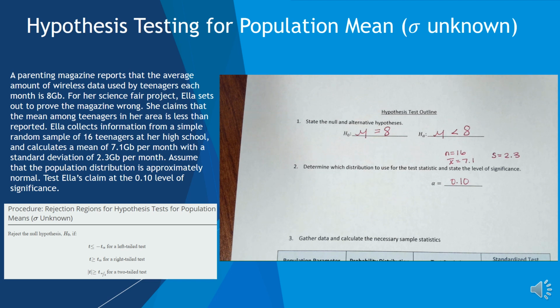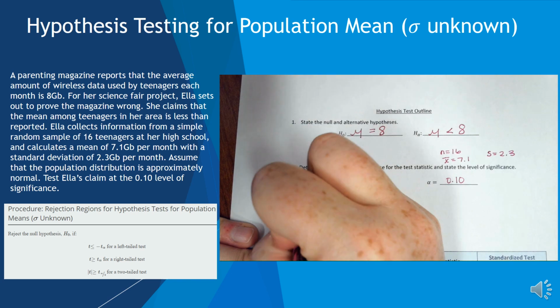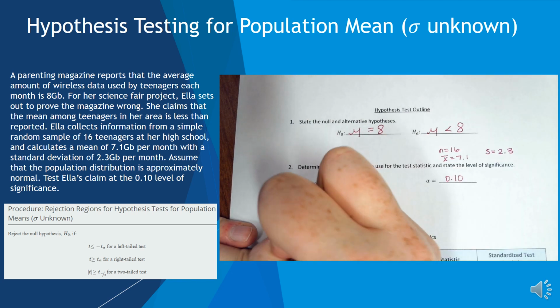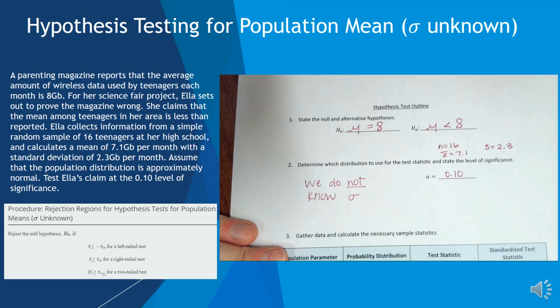Now, even though they tell us that the population is approximately normal, we still have to use the student's t distribution because we do not know the population standard deviation sigma.